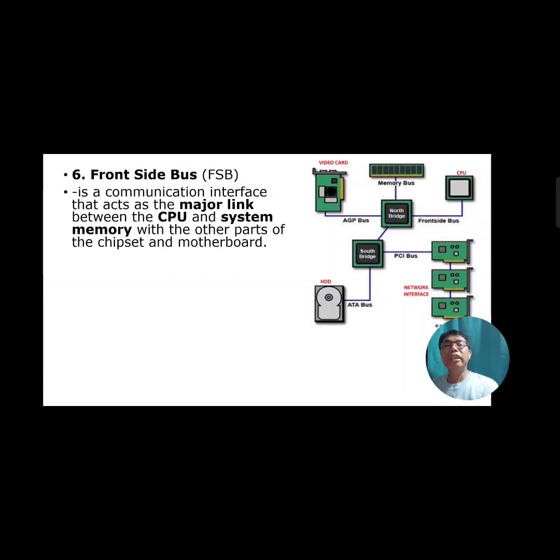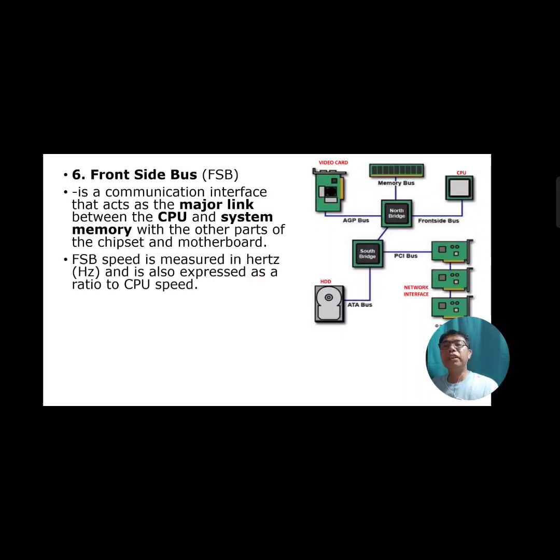Likewise, the same with the network interface: memory bus, North Bridge, South Bridge, then going to the network interface. Memory goes to the video card using the AGP, and memory connected to the North Bridge goes to the CPU by the front side bus.